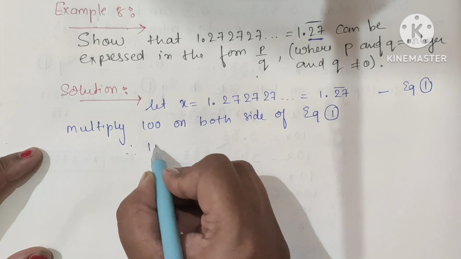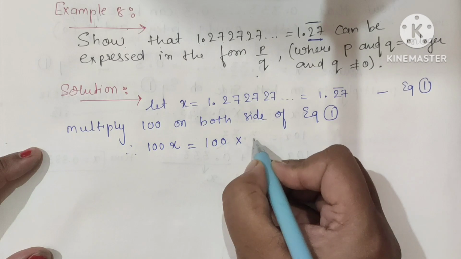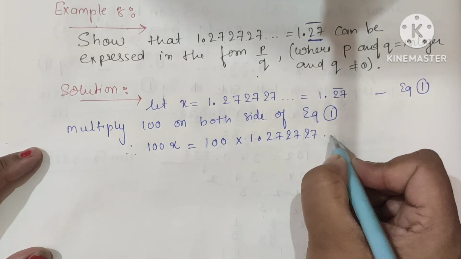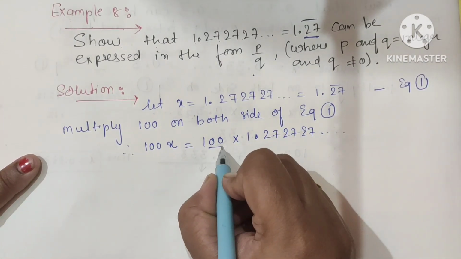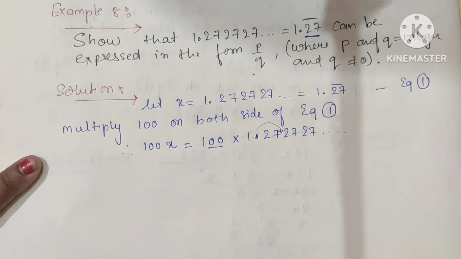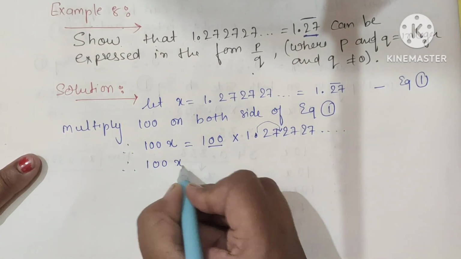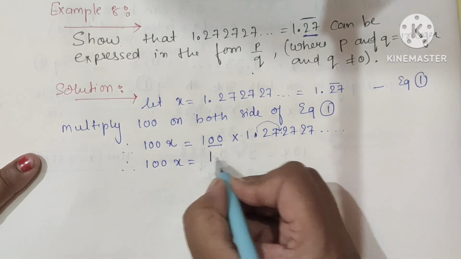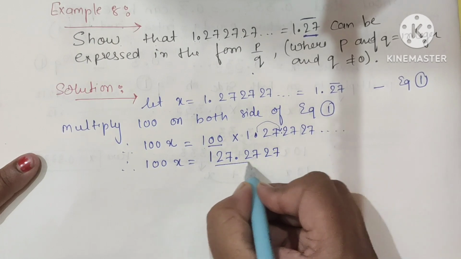Therefore it will be 100x is equal to 100 into 1.272727. Here there are 2 zeros, so the decimal will go after 2 digits. Therefore 100x is equal to 127.2727.